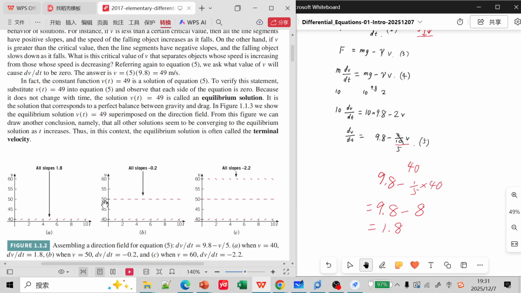When v is equal to 50, we can draw the segments, and there are many segments, and the slopes of each of these segments are minus 0.2.